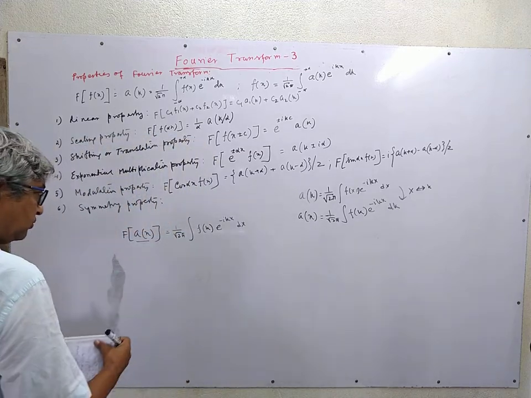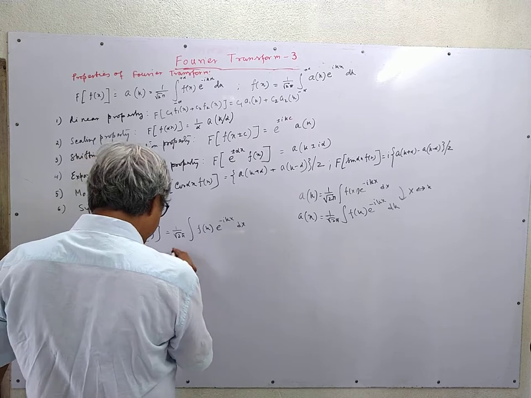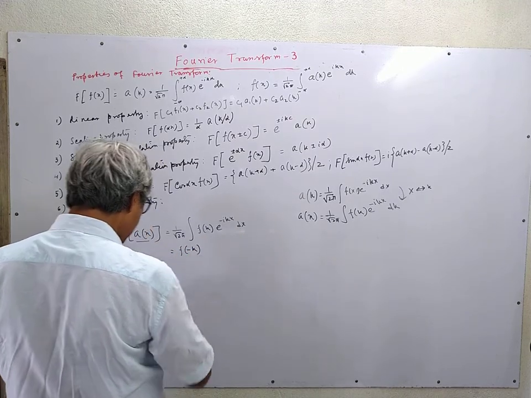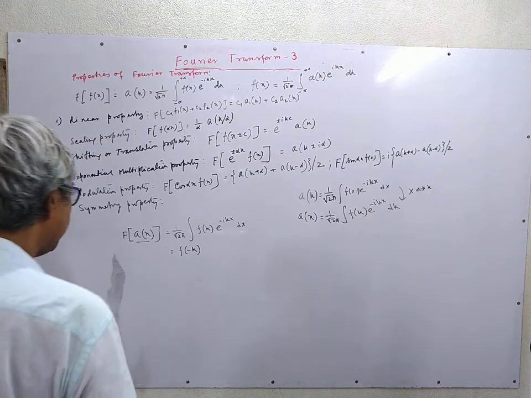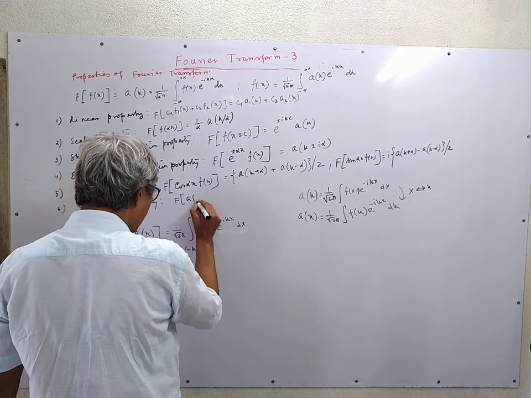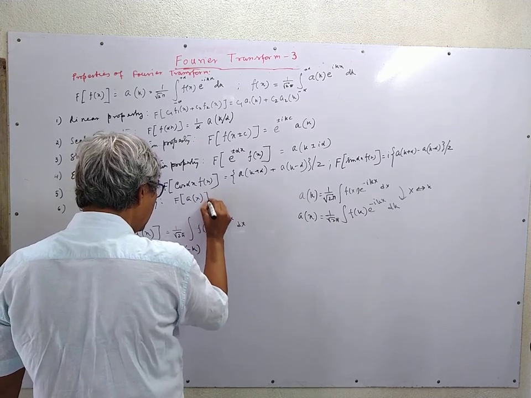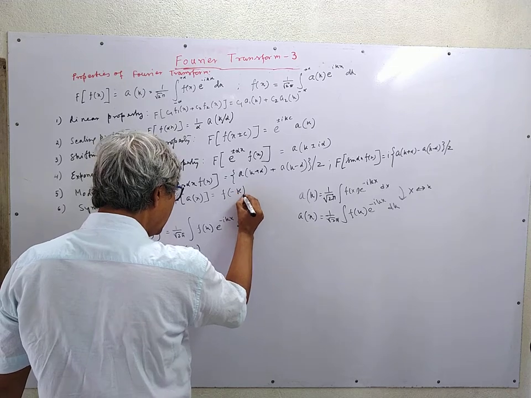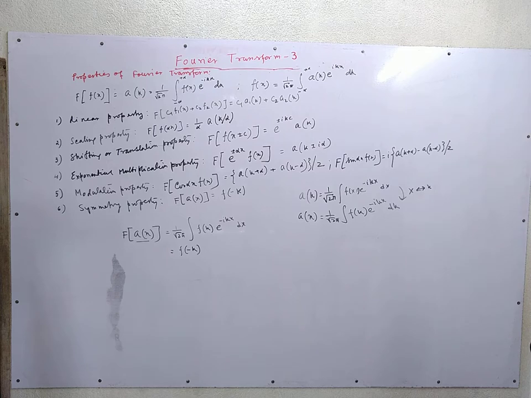Now we see that this is f star of minus k. This is f of minus k. So the symmetry property is that the Fourier transform of A of x is f of minus k.